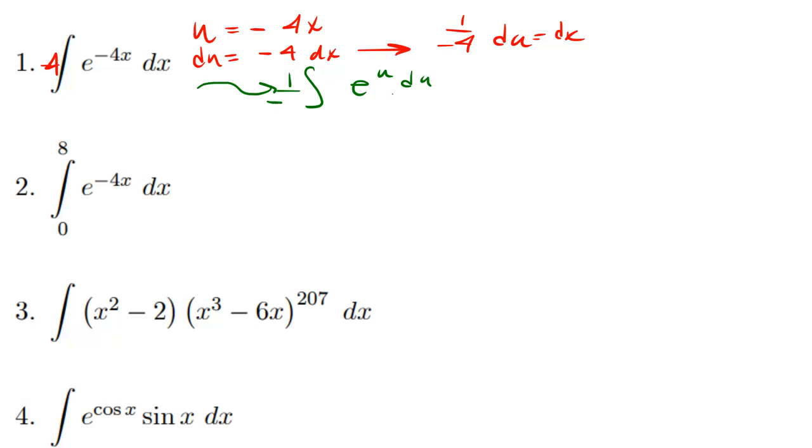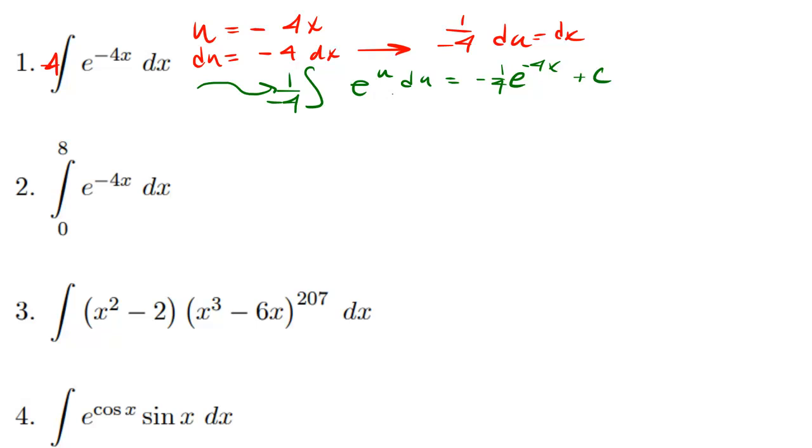Since it's a constant, I'm going to put it out in front of the integral symbol. I could have put it inside as well if I had chosen. And the integral of e to the u is just e to the u, so this is negative 1/4 e to the u, or in this case, u is minus 4x, plus a constant.